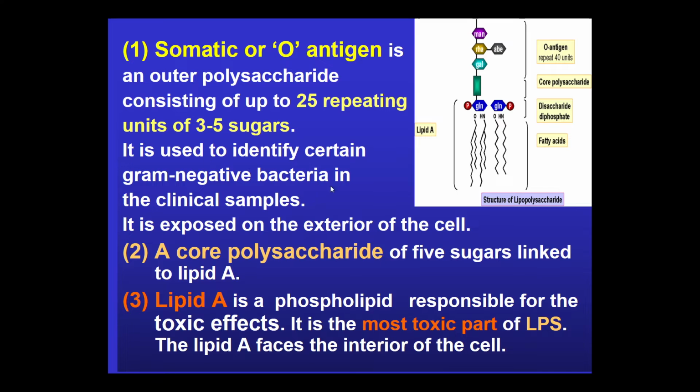And it is used to identify certain bacteria because some bacteria, for example Escherichia, gram-negative bacteria, may have up to 200 different types of somatic antigens that can be identified in clinical samples taken from the patient. And the somatic antigen is exposed on the exterior of the cell.